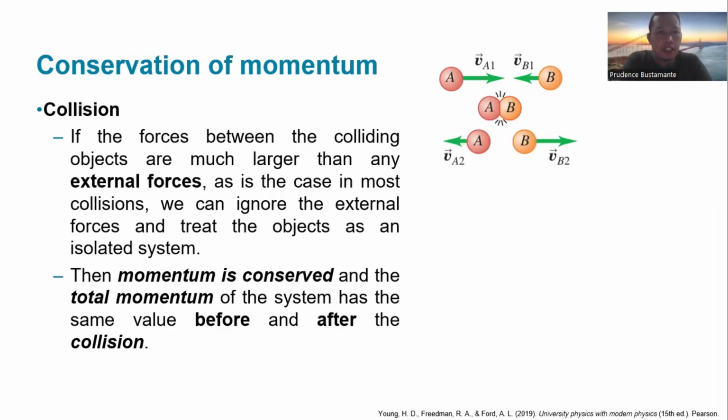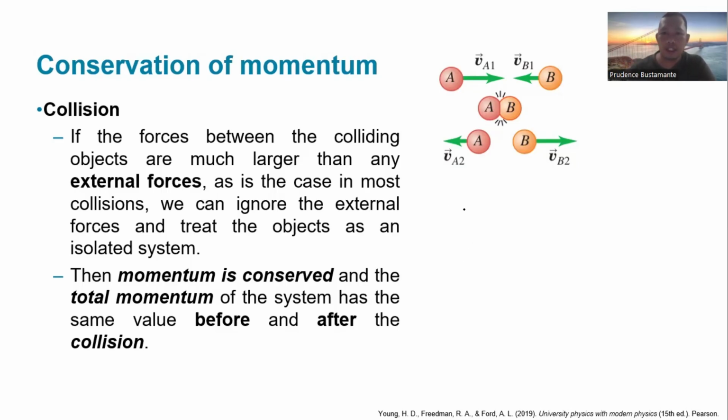If the forces between the colliding objects are much greater than any external forces, as in the case of the collisions we've discussed, we can ignore the external forces and treat the objects as an isolated system. Since this is an isolated system, in any type of collision the momentum is conserved, and the total momentum of the system has the same value before and after the collision.